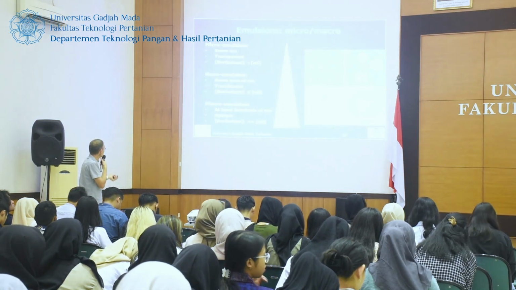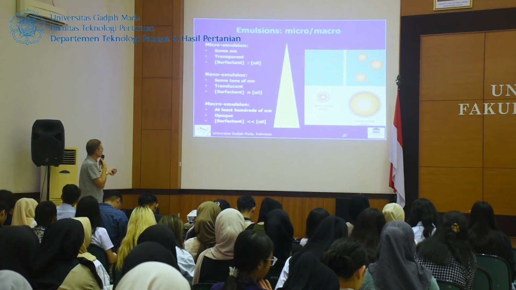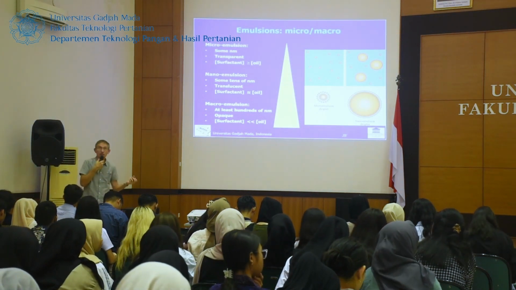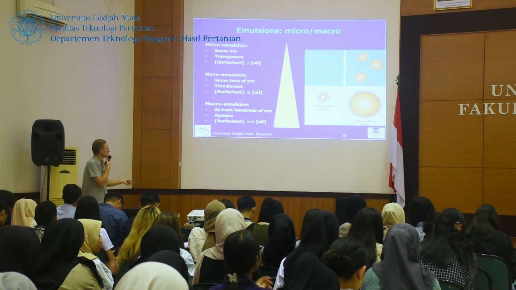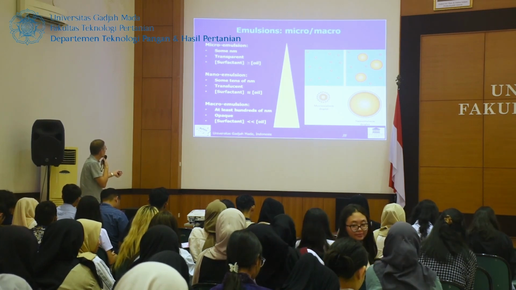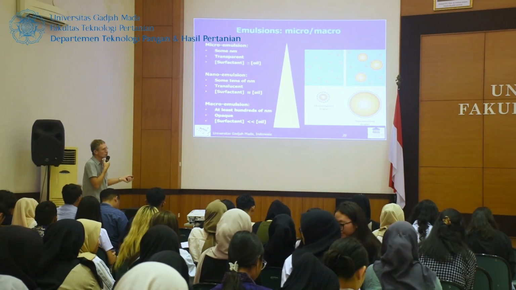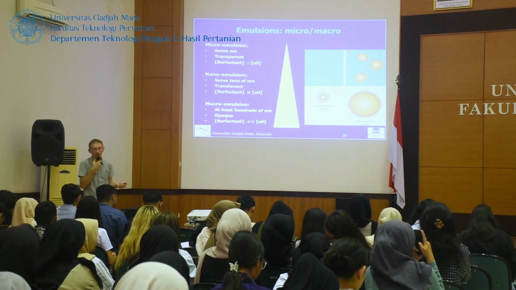What is important, I said already, one important thing about having nano size was that the gravity effect was prevented. Here you see another effect: if you talk about nanoemulsions, then depending a little bit on the size, the turbidity will also be affected.